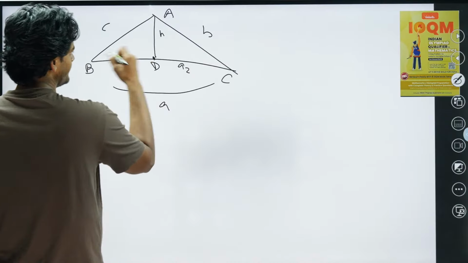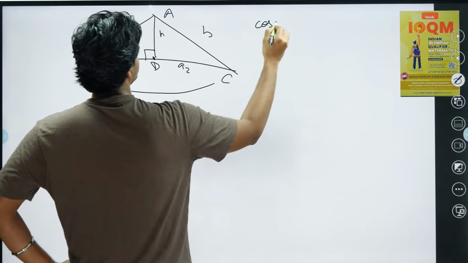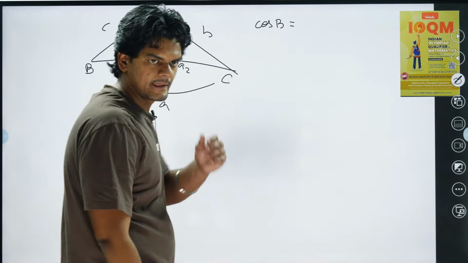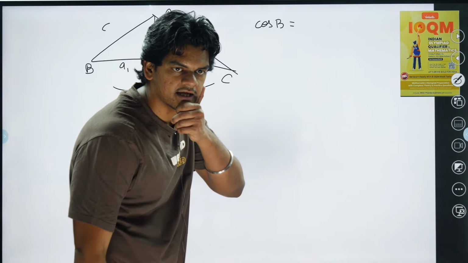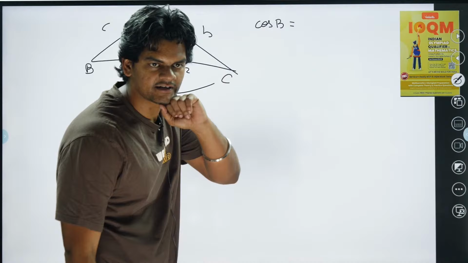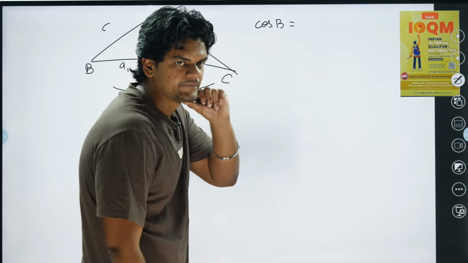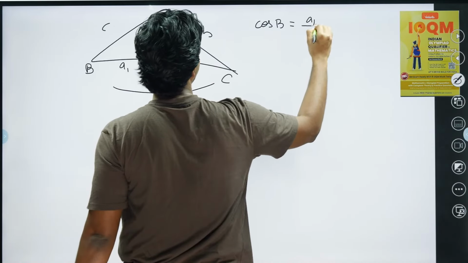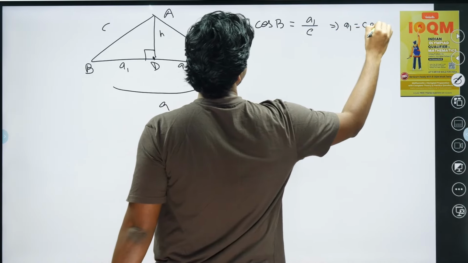What is cos B? Cos B is a1 by c, so a1 is equal to c cos B.